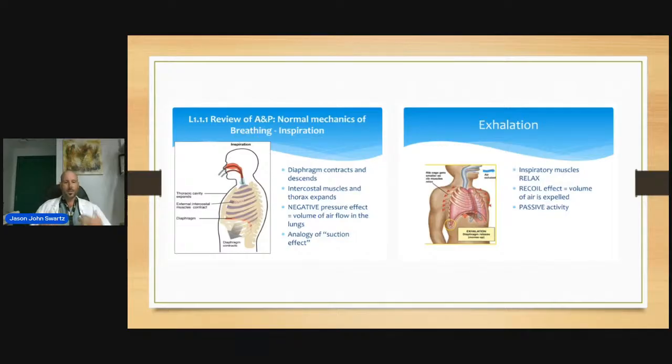But basically, the normal physiology of breathing is that our pleural space is about -4 compared to the pressure inside the lung, and that's what creates our physiological PEEP. So that negative pleural pressure of about -4 will keep the lung expanded.